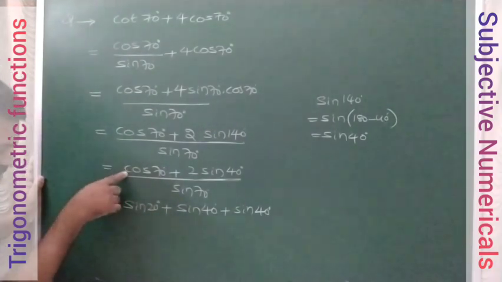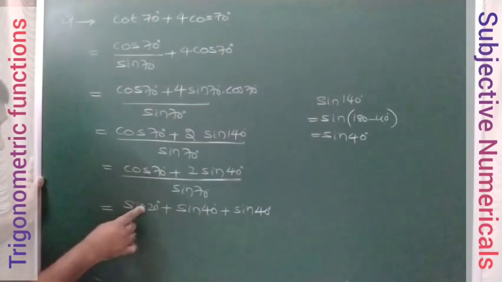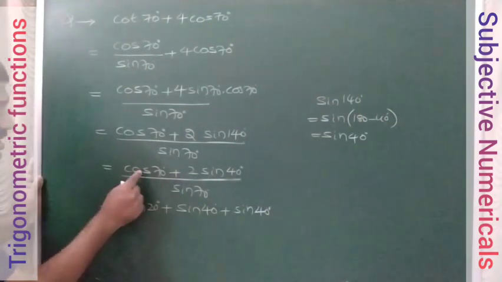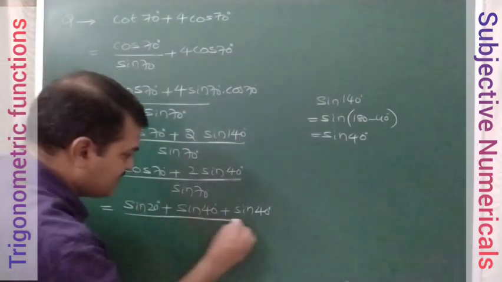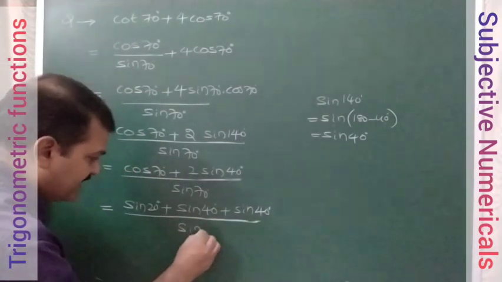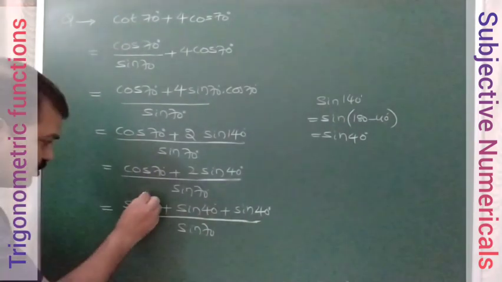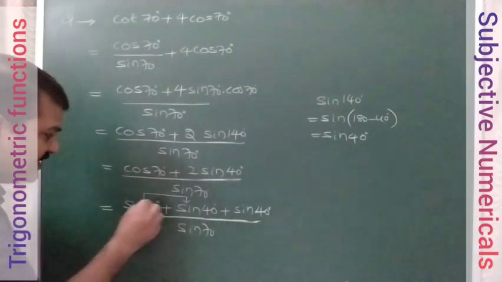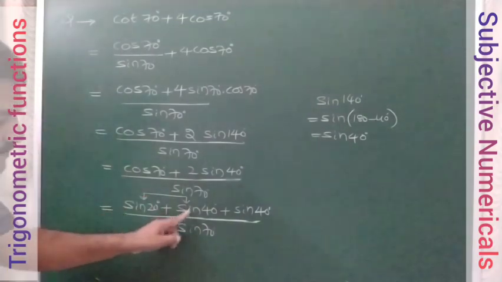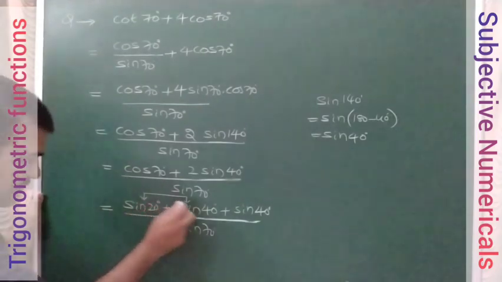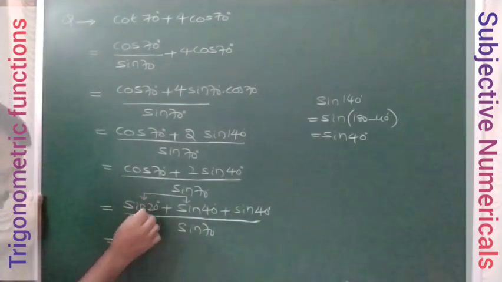So if you change cos 70 like this, then the sin C plus sin D formula we can apply. By sin 70 is as it is. Now for the first two terms, we will use the sin C plus sin D formula. The last term we keep as it is at present.